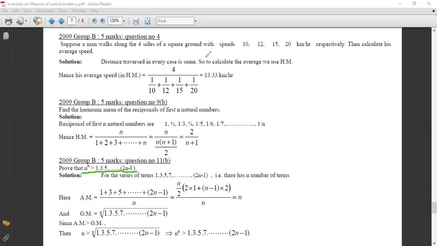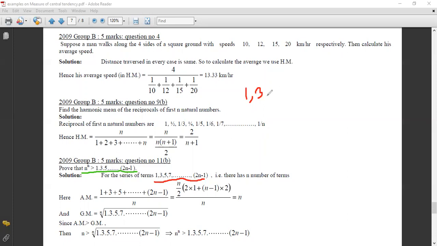So actually, for this example, we first start. Let us take this list of numbers like 1, 3, the numbers that are in the right hand side of the expression, n to the power n greater than 1 into 3 into 5 and so on.